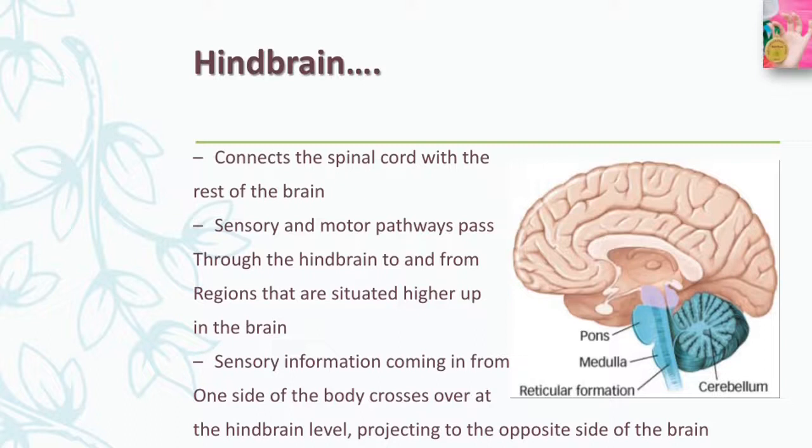Outgoing motor messages from one side of the brain also cross over at the hindbrain level, controlling movement and other motor functions on the opposite side of the body. This crossover accounts for why people who suffer strokes on one side of their brain experience muscle weakness or paralysis on the opposite side of their body. So the hindbrain is basically a region at the base of the brain that connects the brain and the spinal cord.